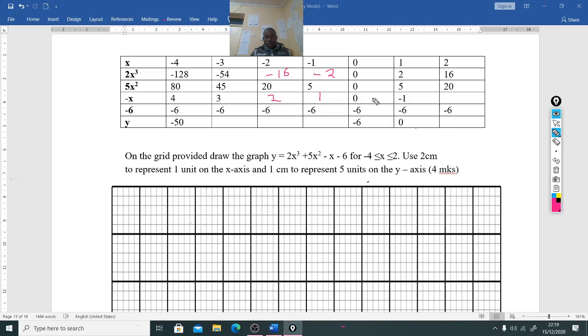It's 1 positive. Then here we shall have -2 because it's negative x. So here you add -54 plus 45 plus 3 plus -6, you'll get -12. You also add this, you get 0. You add this one, you get -2. Then finally here you get 28.